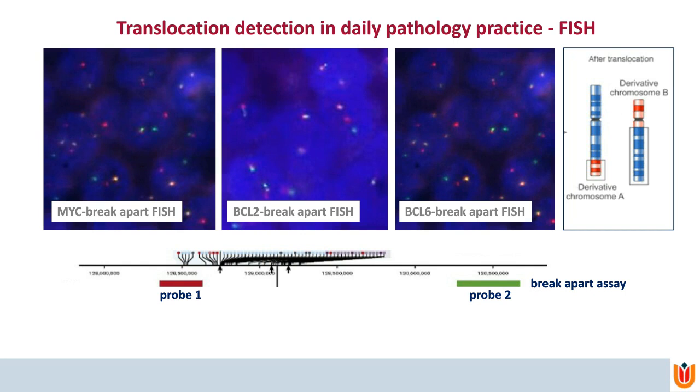Probe 1 on one side, for instance on the oncogene, and probe 2 on the other gene, the driver gene. I've used MYC, BCL2 and BCL6 as examples here because they have received most attention recently, also by our clinical colleagues.